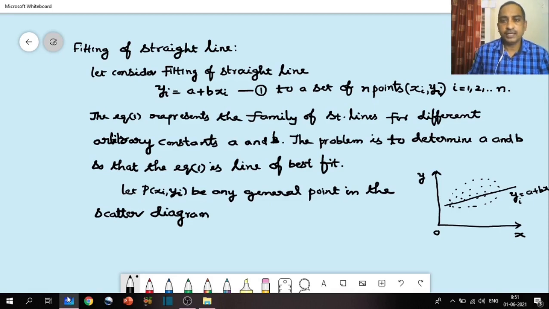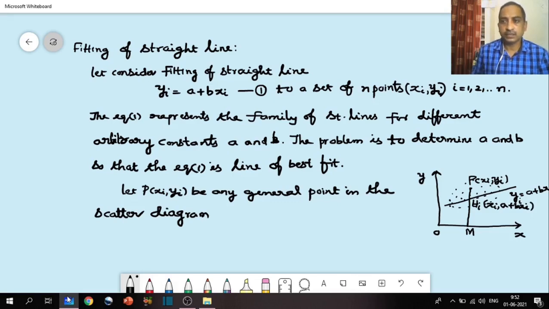So now any point, suppose this is P, what I know is (x_i, y_i), right? Just draw a perpendicular to x-axis, that is this line cuts the line of best fit at H_i. So here whenever it cuts, the abscissa is x_i, and the ordinate is nothing but a plus b x_i, right?